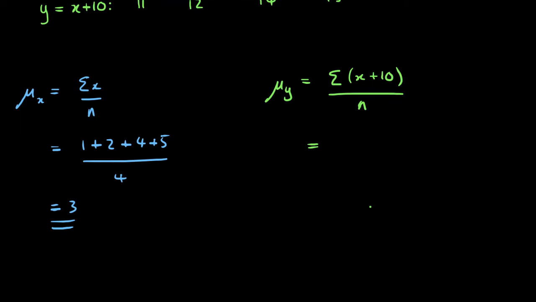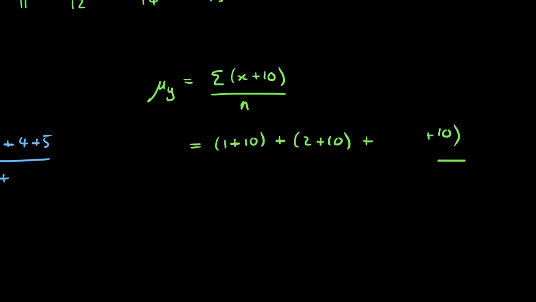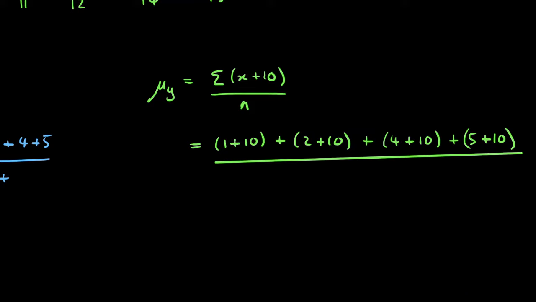This is going to be the same as 1 plus 10 plus 2 plus 10 plus 4 plus 10 plus 5 plus 10, all divided through by 4.